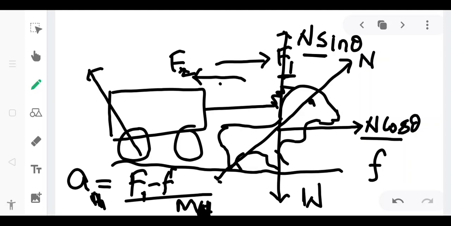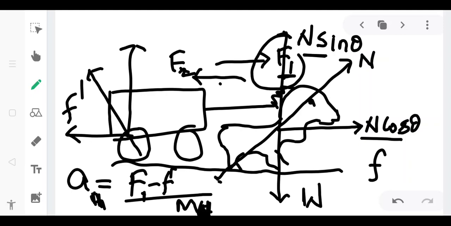This also has a backward component and a vertical component. So this is, let it be F dash. The force F1 will act until it dominates this F dash.